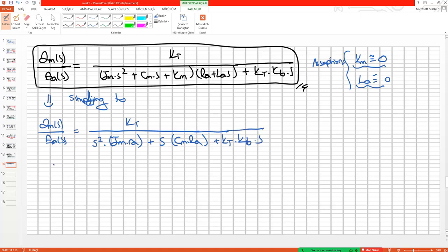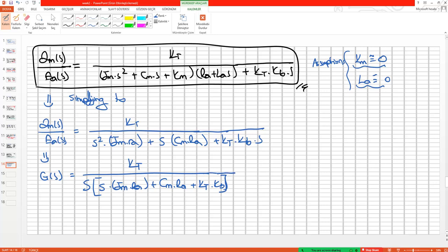In the simple case, we can convert the whole thing. G(s) equals Kt divided by s times (Gm Ra plus Cm Ra plus Kt Kb). These are the simplifications of these terms, and so this can be written in this form.